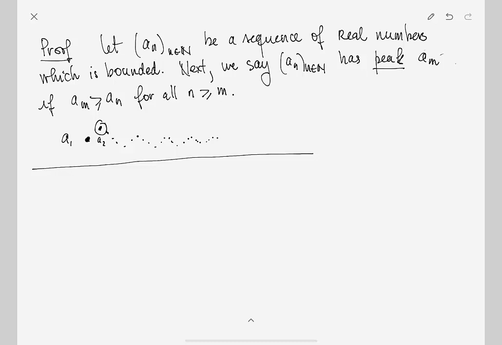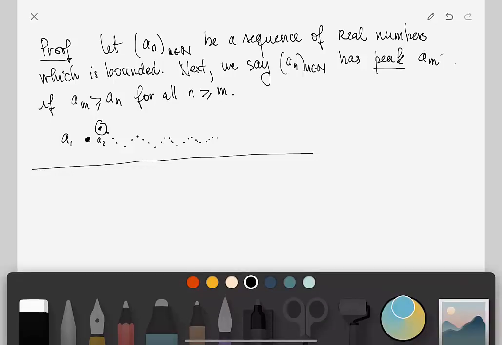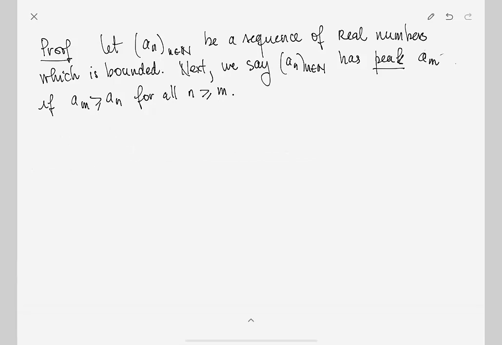Now there are two possible cases here. It's possible for us to have infinitely many peaks, or we could have finitely many peaks, and those are the only two possibilities, right?